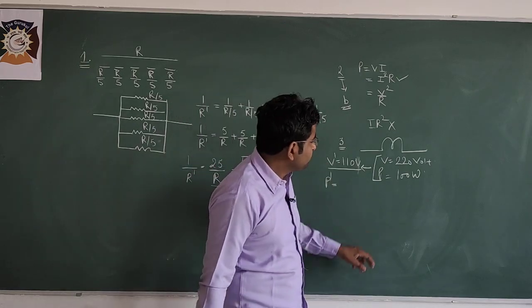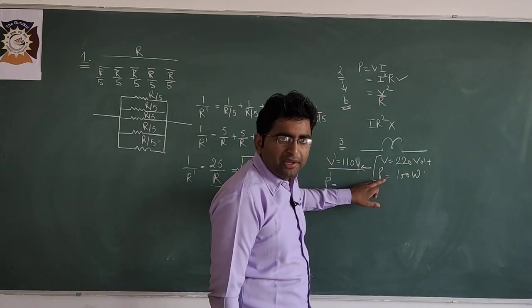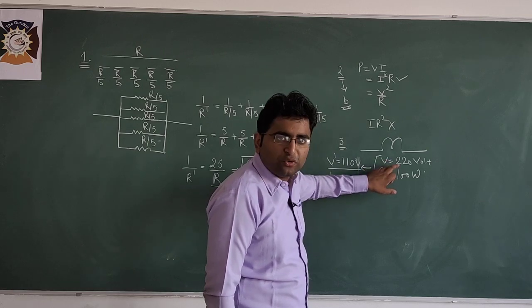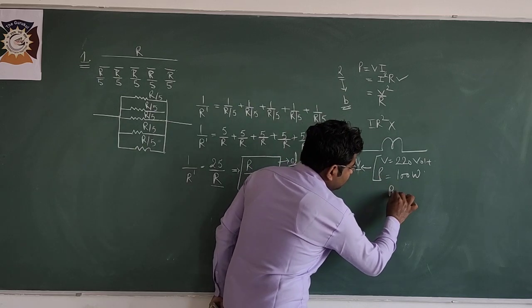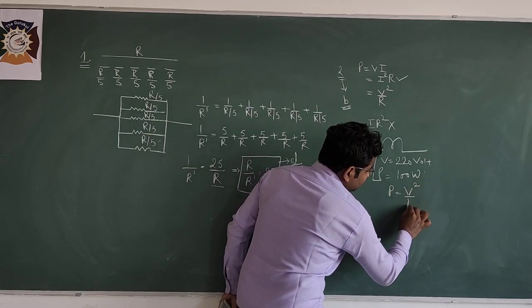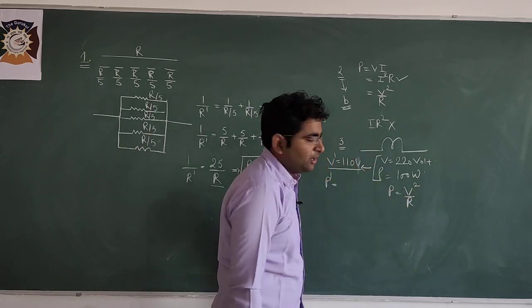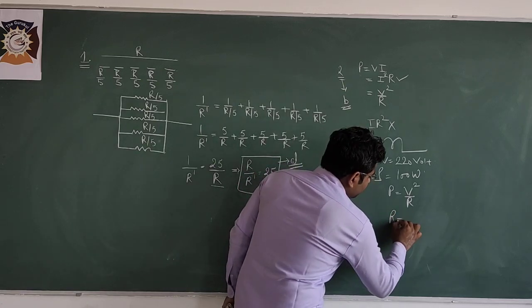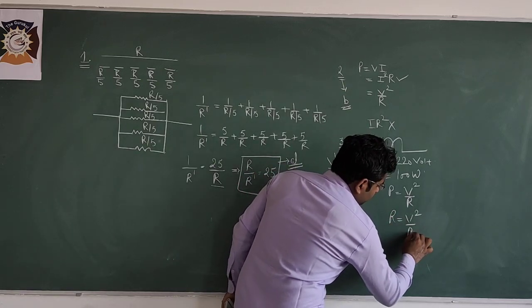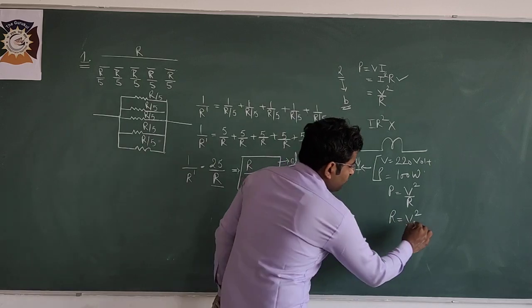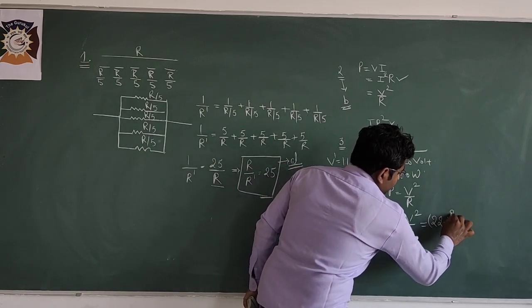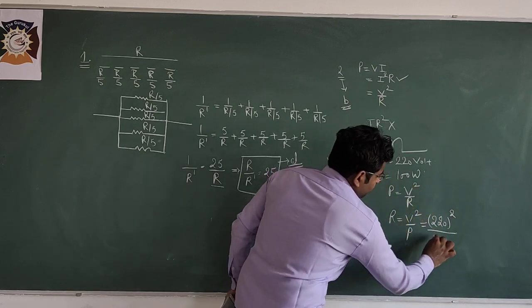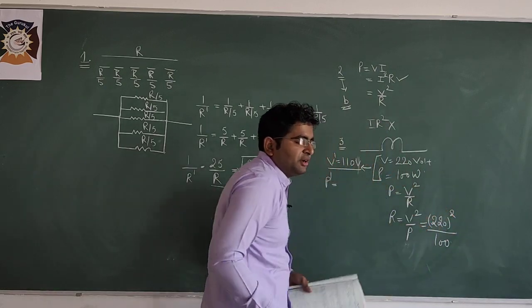Okay students, now with the help of V and P I can calculate the resistance of the bulb. Clear? Okay, power is equal to V square upon R. Clear? Therefore R equal to V square upon P. So V square 220 square divided by P, it is 100.